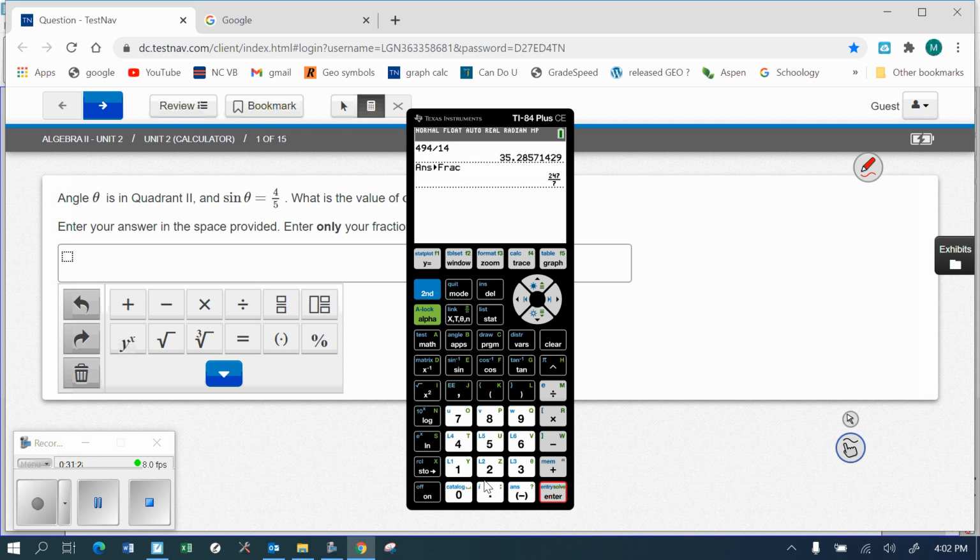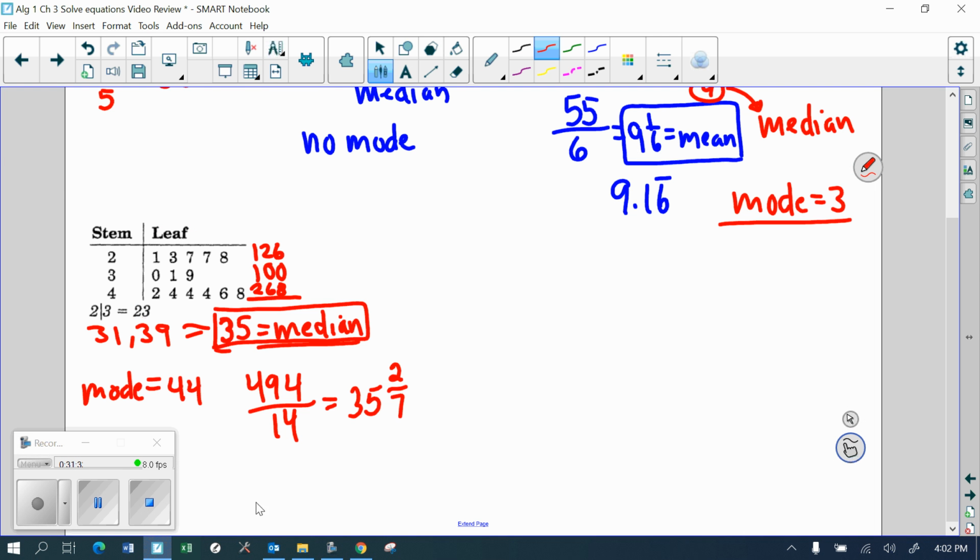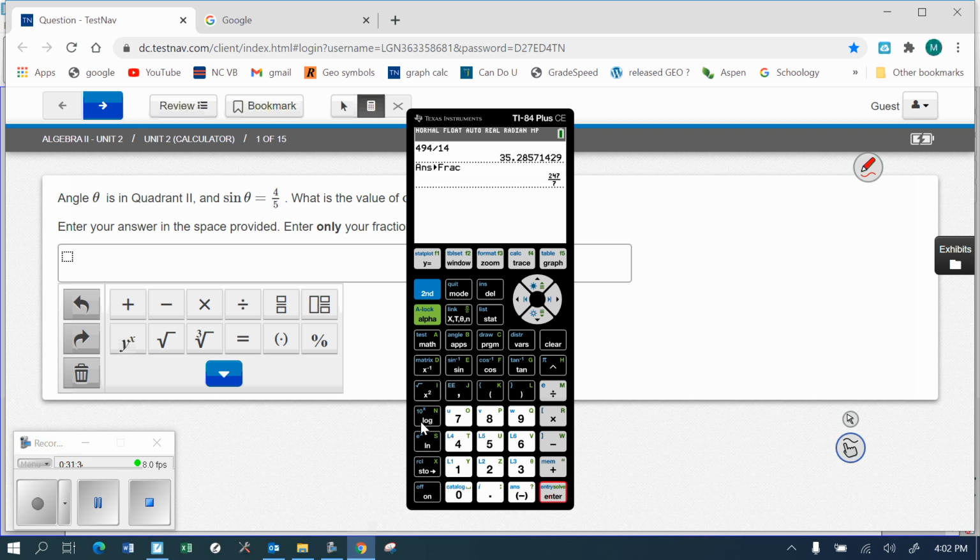So I divide that in half. Did I have 35? Let me make sure I had 35. Yes, I did. Okay, so if I go back up, second entry, go back to that one. Now I know it's 35, so I'm going to subtract off 35.